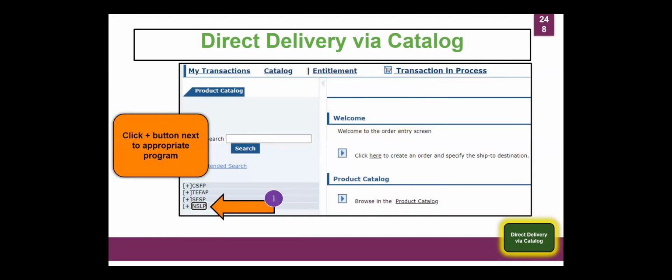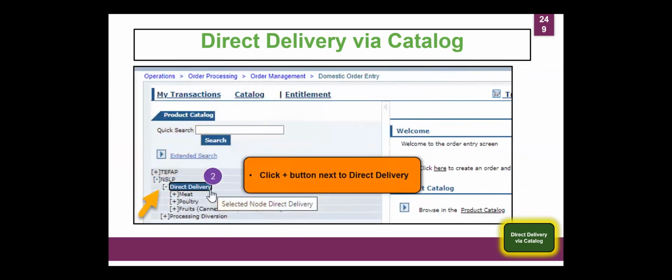So you're going to hit the plus button next to NSLP, and that's going to drop down more options. So you'll see here after we clicked on that plus button in NSLP, now we have the option of direct delivery or processing diversion. In this first section, we're going to look at direct delivery.